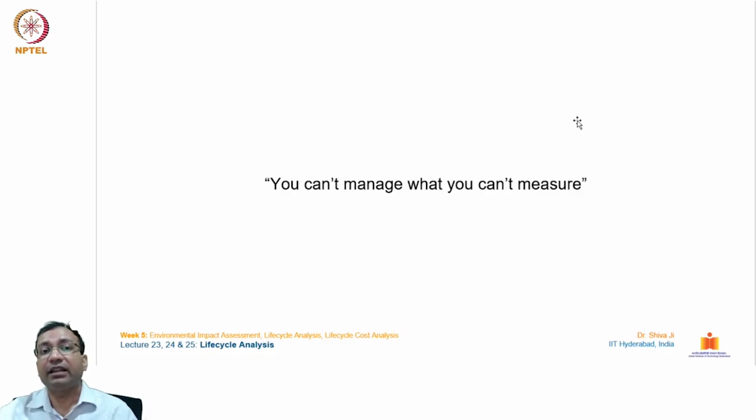So in LCA, as we discussed in the previous slides, the things which we cannot measure cannot be managed. So this is one of the disadvantages in the LCA analysis. So we must quantify the components and the numbers which get associated with them, so that some analysis can be made.